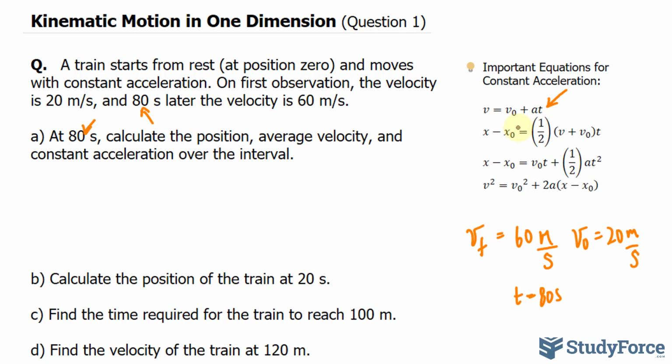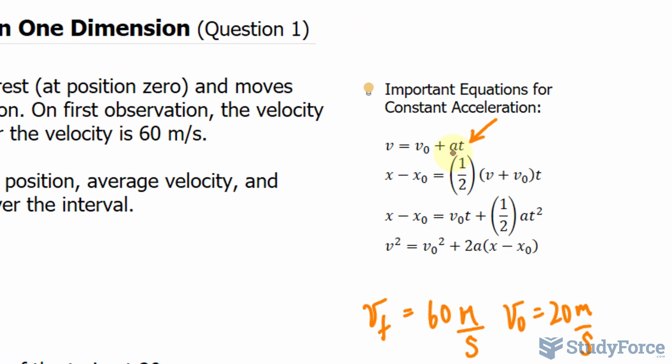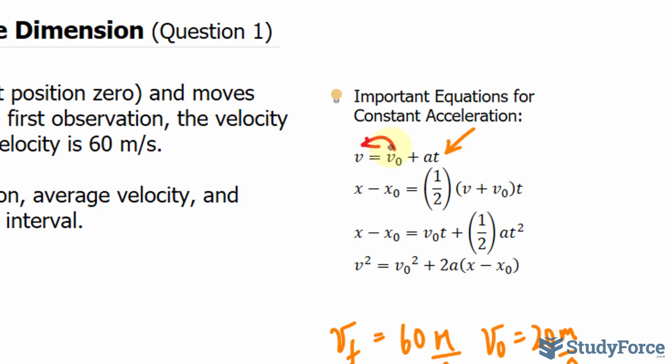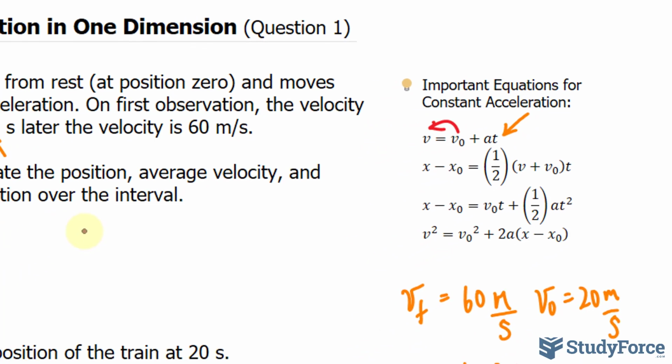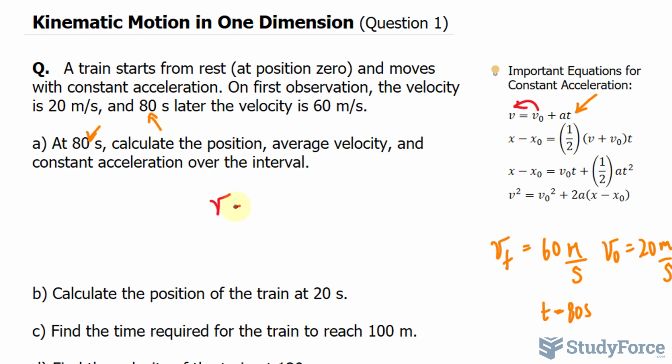Or you can isolate for a first and then substitute the values. So to solve for a, we will move that over and we'll worry about that t later. So v minus v sub 0 is equal to a t, and then divide both sides by t. And now we have a isolated, which represents the constant acceleration.